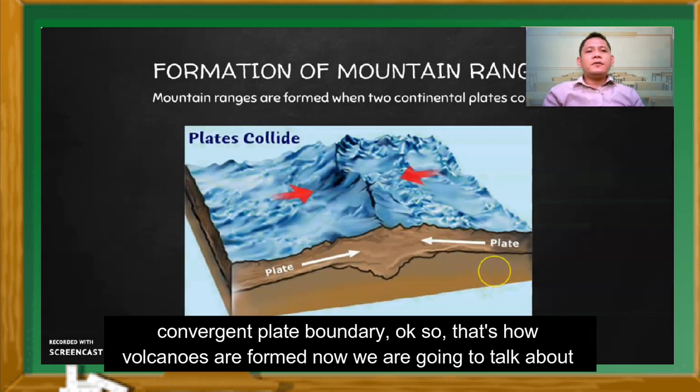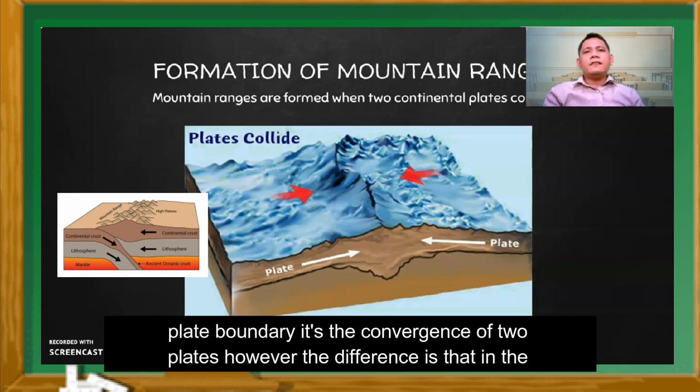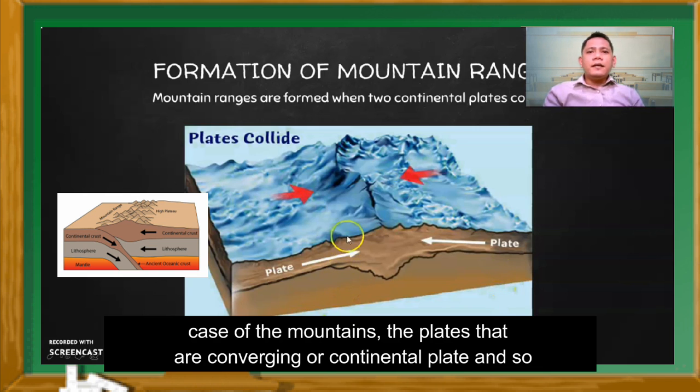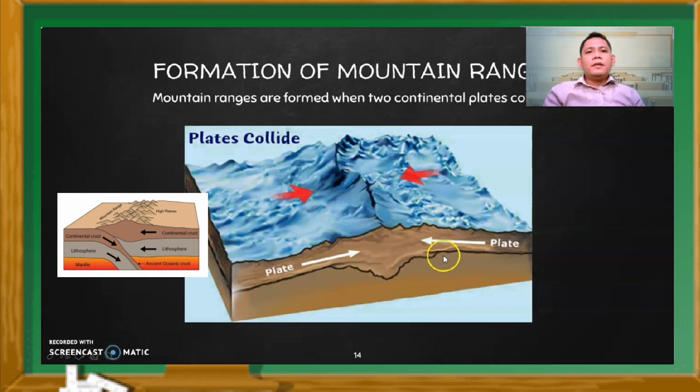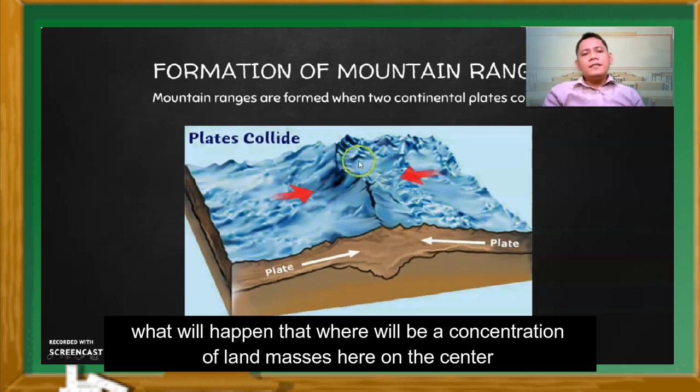Now we are going to talk about how mountain ranges are formed. The same goes with the volcanoes: it's the convergent plate boundary, the convergence of two plates. However, the difference is that in the case of mountains, the plates that are converging are continental plates. And so what will happen is that there will be a concentration of land masses here in the center.